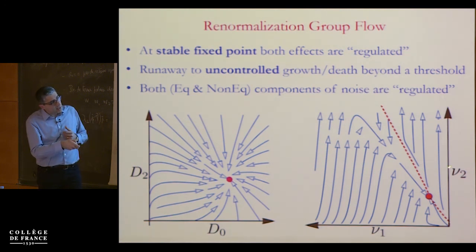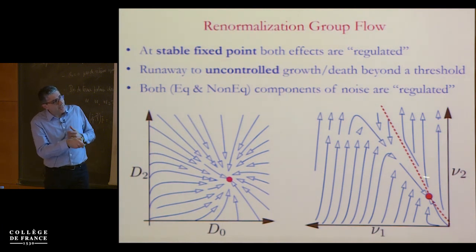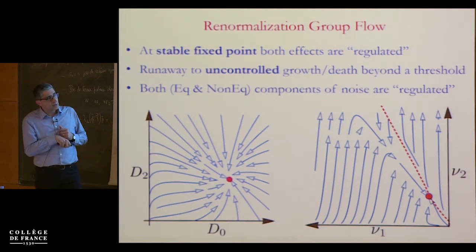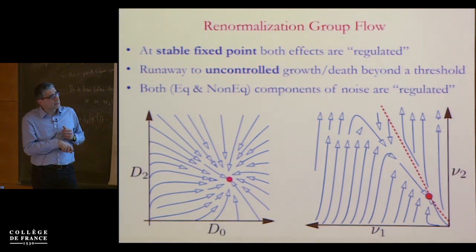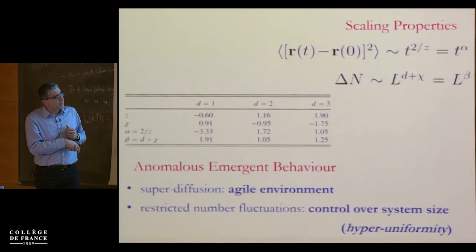And if you cross this line, you go there, essentially the growth and death term grows out of control in the sense that no chemical interaction strength can control the fluctuation. So it will essentially go to a place where nu2 is much stronger than nu1 and is not going to be sensitive to nu1 anymore. And that's a case where we can say the chemical interactions can no longer regulate the growth and death term.